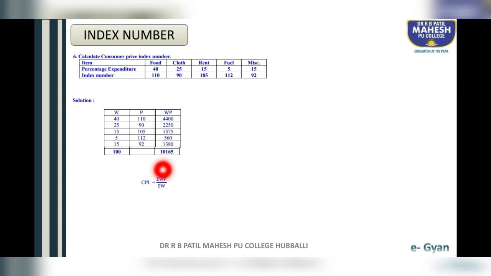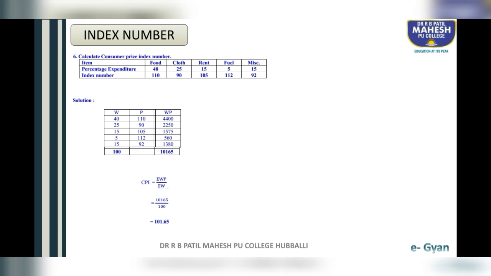So now you substitute in the formula. Summation WP is 10,165 and summation W total is 100. So after solving this, consumer price index number or cost of living index number by family budget method is 101.65.